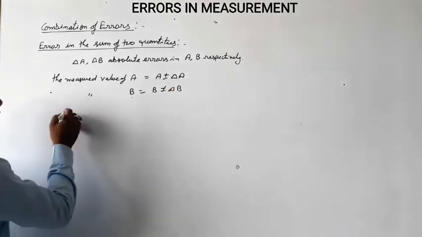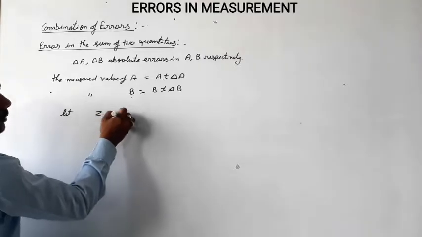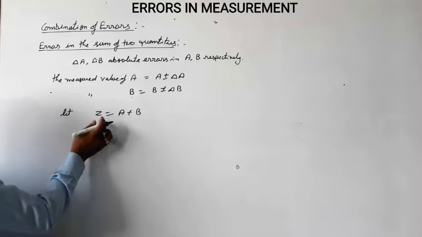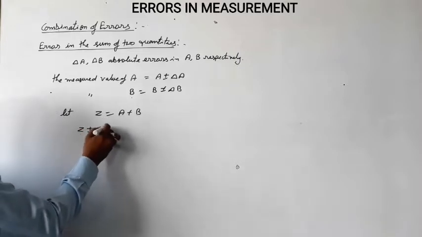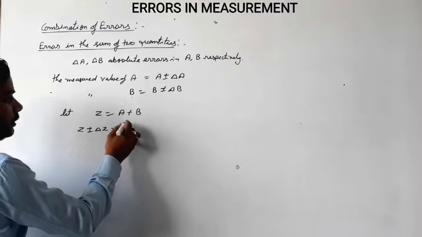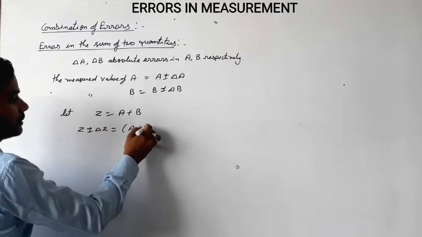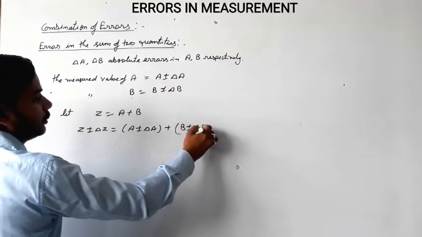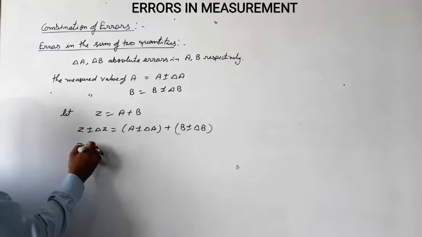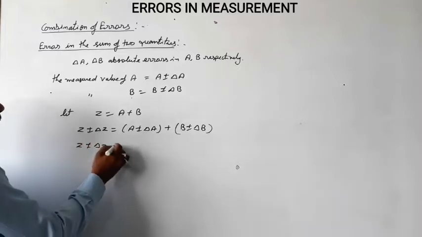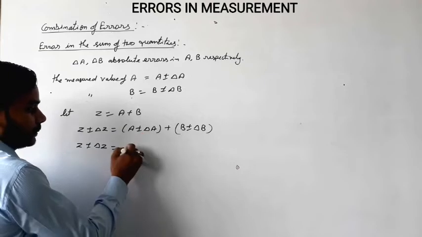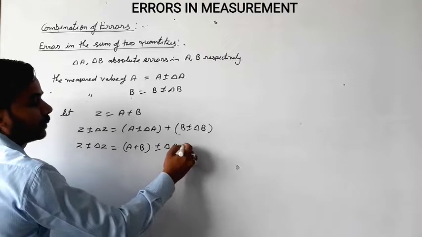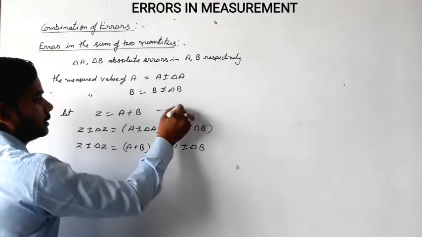We consider Z equals A plus B, and the absolute error in Z is Z plus minus delta Z, with measured values of A as A plus minus delta A, and B as B plus minus delta B. Now we will solve this. Z plus minus delta Z equals A plus B plus minus delta A plus minus delta B. This is equation 1.